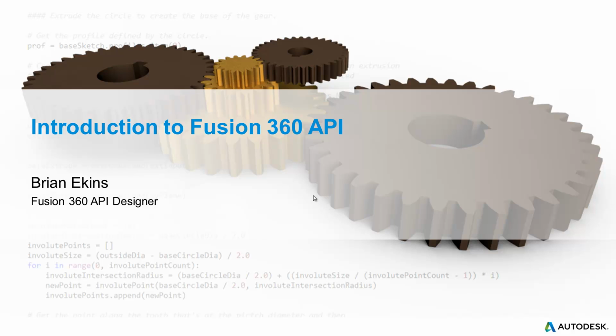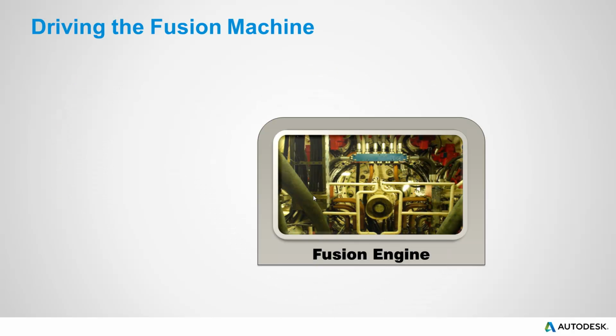So first, I want to present a high-level conceptual view of how the API works. Internally, there's this Fusion engine, you can think of it. And what the engine knows how to do is to read and write this Fusion data.